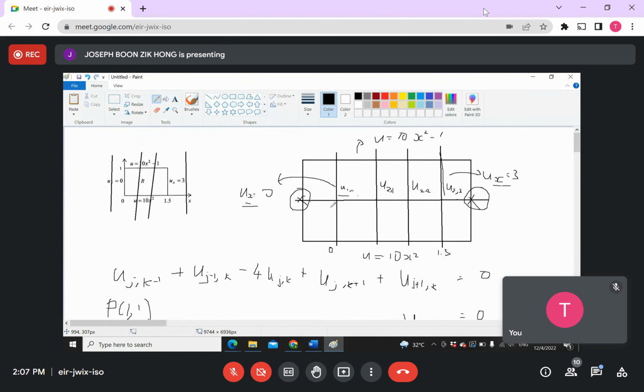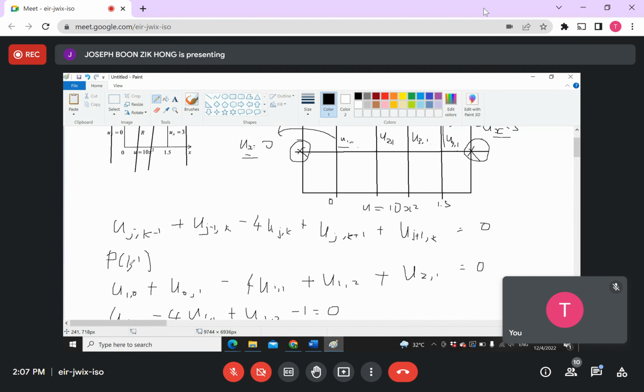Okay, U11, U21, U31, and U41. What I'm thinking. Because the x is keep moving, so it should be 31, 41. Now only correct. Okay, and then at the point of 1, 1, then you will have this formula.